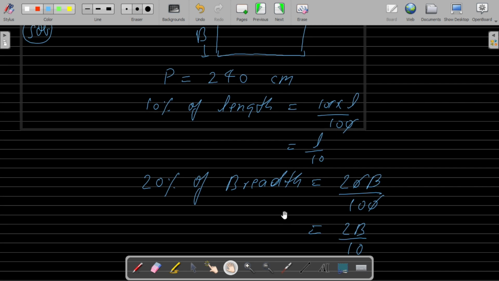Alright, so 10% of length is L upon 10, and 20% of breadth is 2B upon 10.